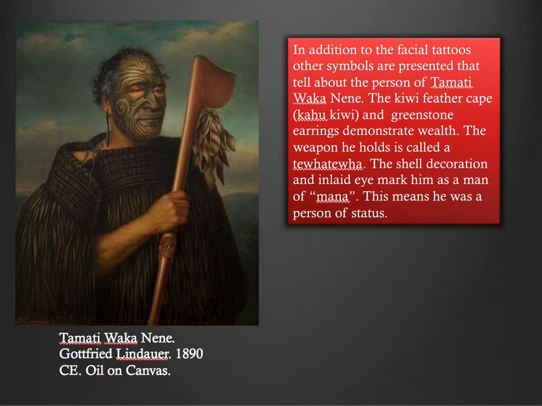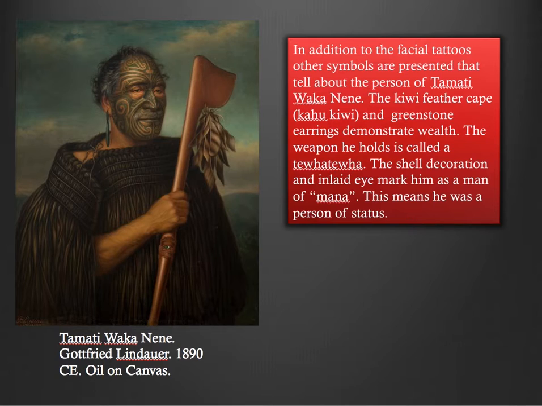The feathered cape that he wears and the greenstone earrings demonstrate wealth. These feathered capes took a long time to make and required a lot of feathers. He holds a weapon in his hand that also indicates power, but it's also ceremonial.